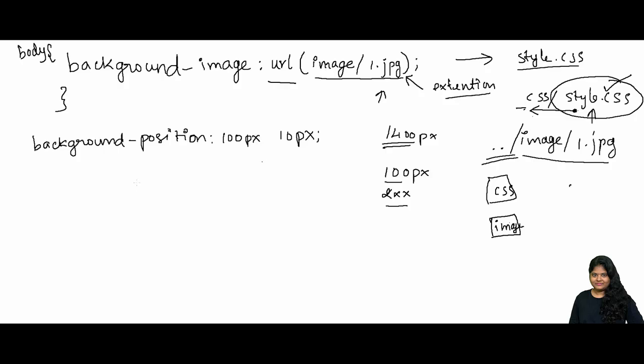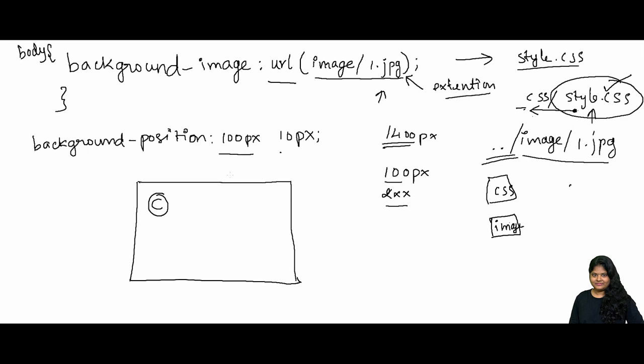What does it mean? Consider this is our browser. Using background-image, I have linked a logo, some copyright logo. According to our background-position value, we have given 100 pixels and 10 pixels.